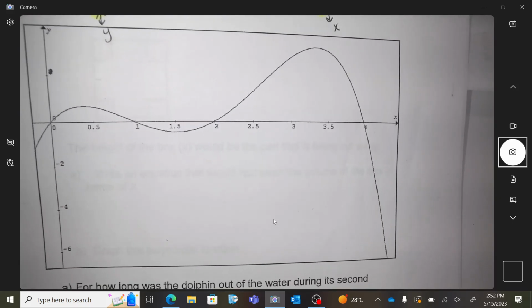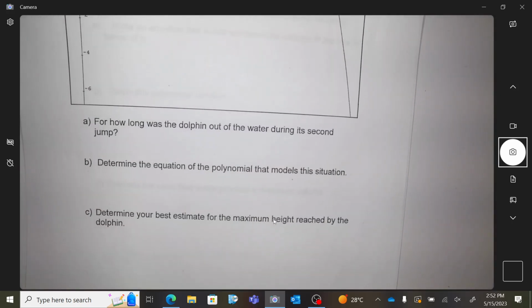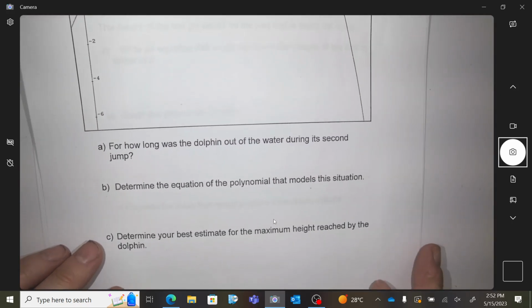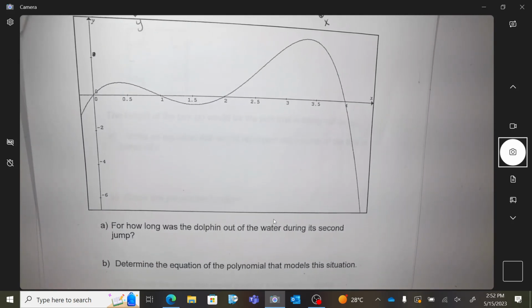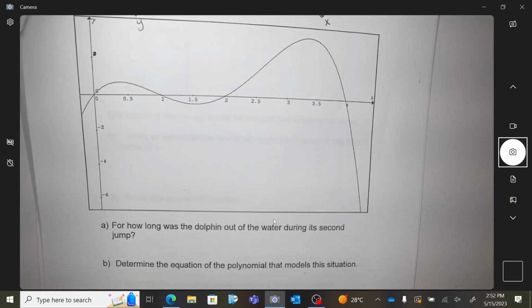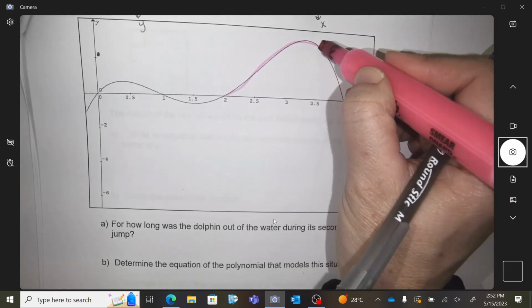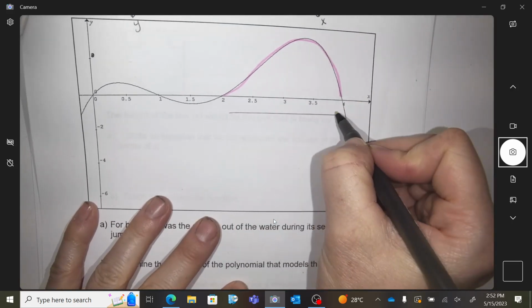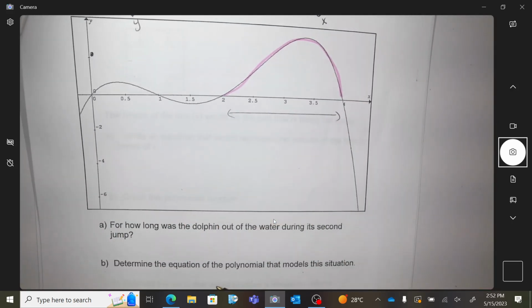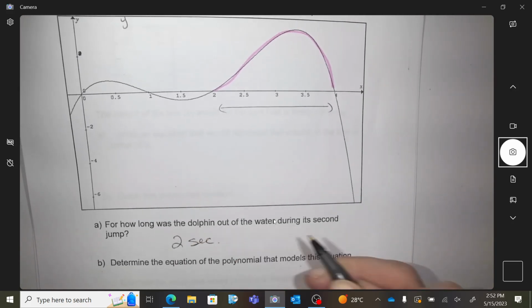Okay, for how long was the dolphin out of the water during its second jump? 2 seconds. So what were you looking at? You were looking at that, right? So the time from 2 to 4 means they were out for 2 seconds.